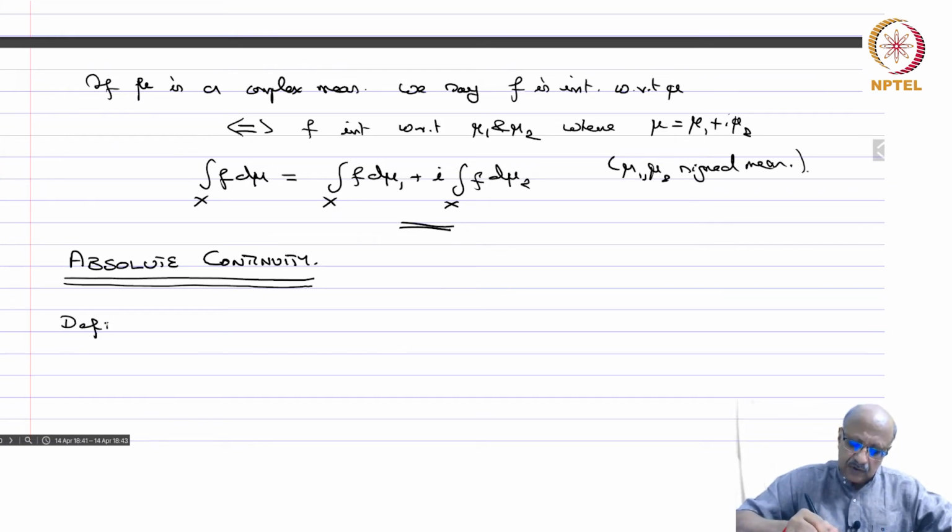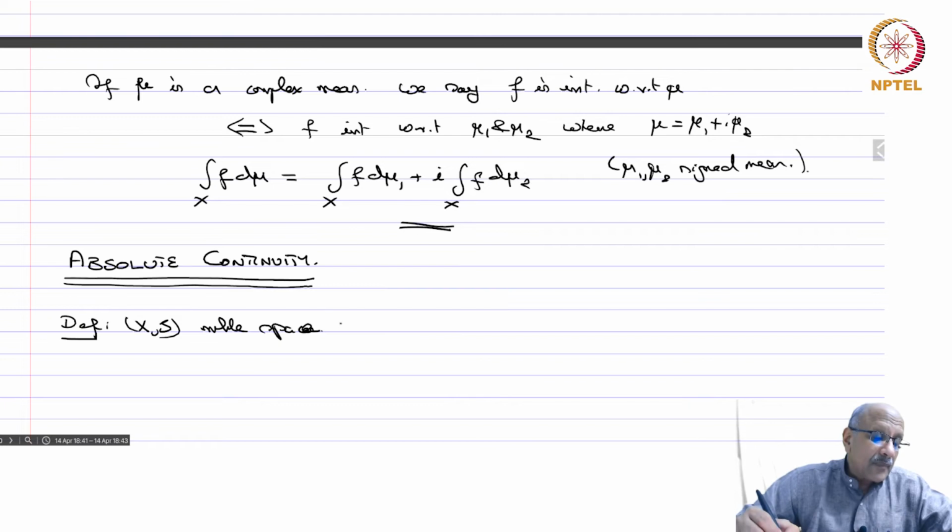Definition. Let X, S be a measurable space, and mu and nu signed measures.